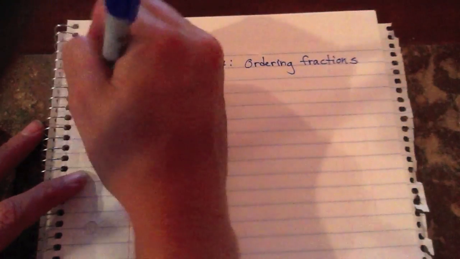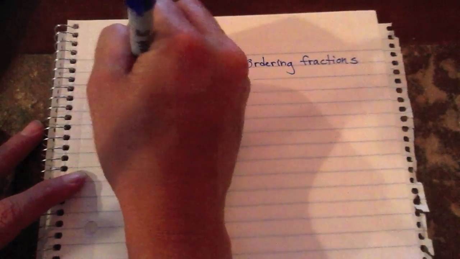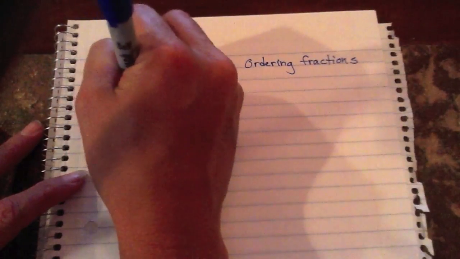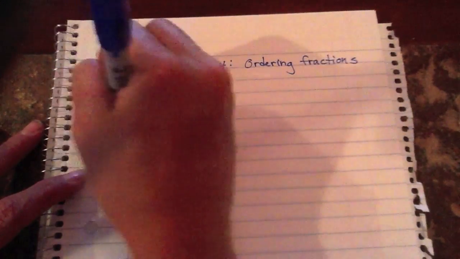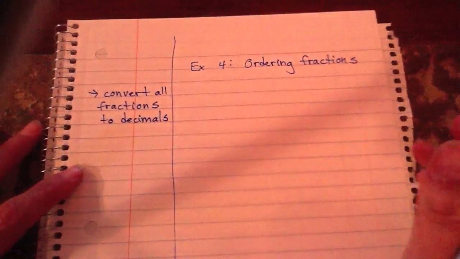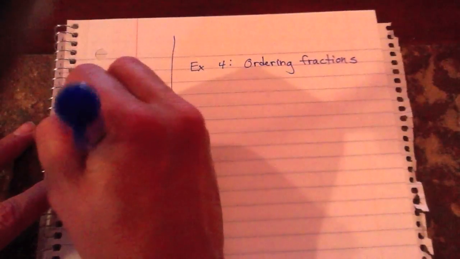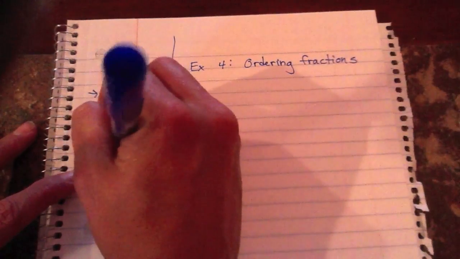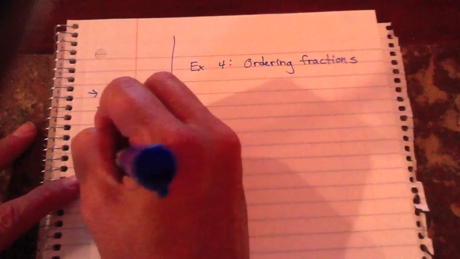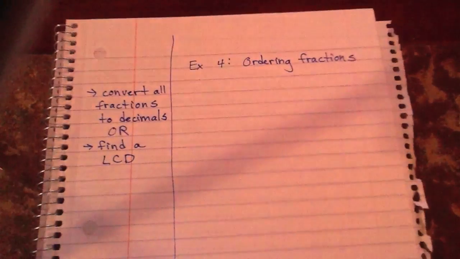You can either convert all fractions to decimals, which is what I usually prefer to do unless it's really easy to use the second way, which is to find a common denominator, a least common denominator.